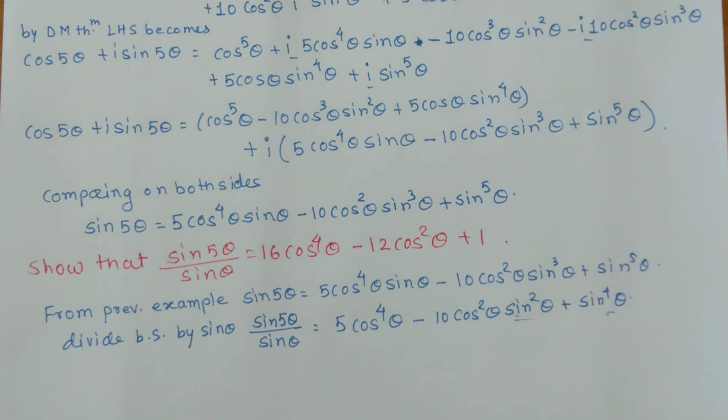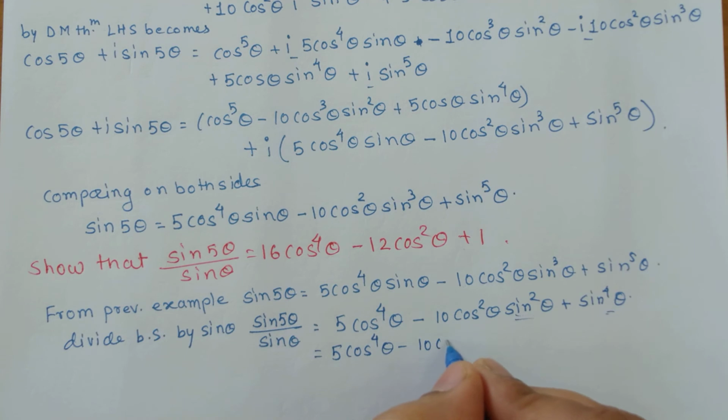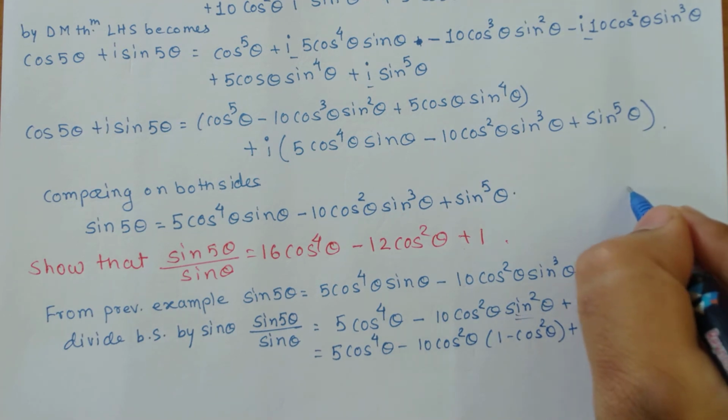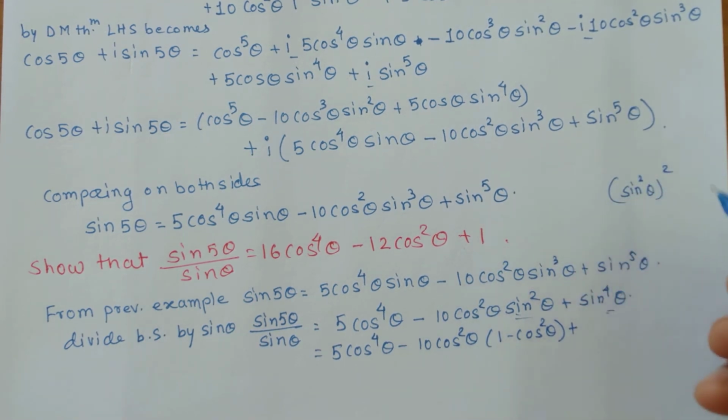Is it? So what I am doing, I replace sin square theta by 1 minus cos square theta. Sin raised to 4 theta can be written as sin square theta raised to 2, but sin square theta can be replaced by 1 minus cos square theta bracket square.